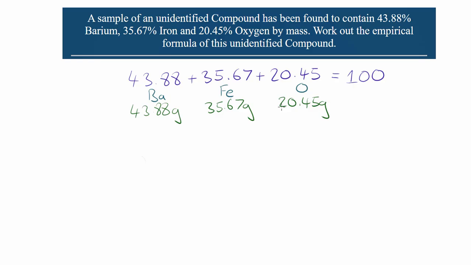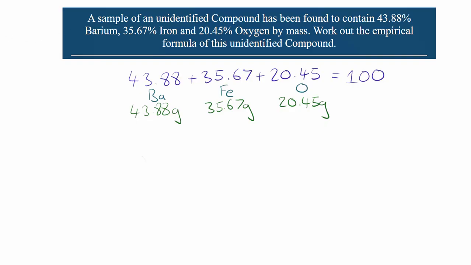But at this stage we've got masses, and because each of these elements has a different relative atomic mass, it's not easy to directly compare the amount of atoms of each element present in the sample relative to each other just using mass.